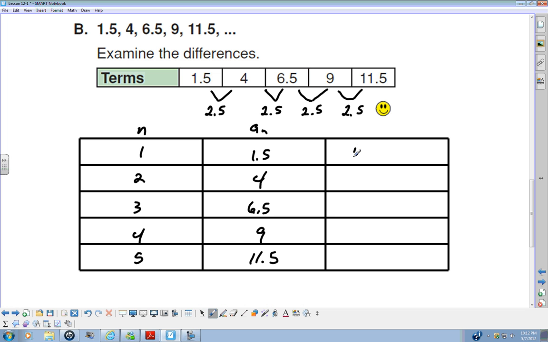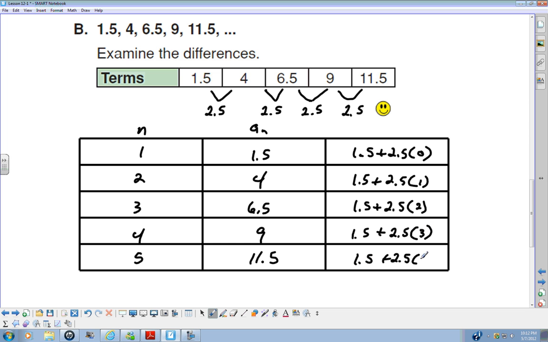So if I take 1.5 here, and I add 2.5 times 0, we will get 1.5. To get 4, we have 1.5 plus 2.5 times 1, and this would be 1.5 plus 2.5 times 2, 1.5 plus, we add 2.5 3 times, and this would be plus 2.5 4 times.